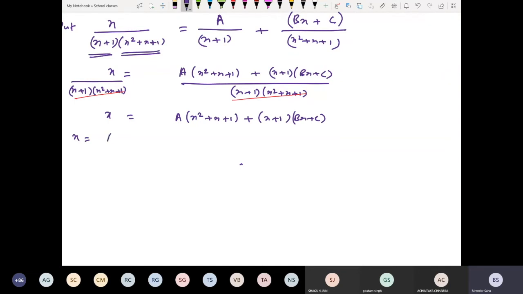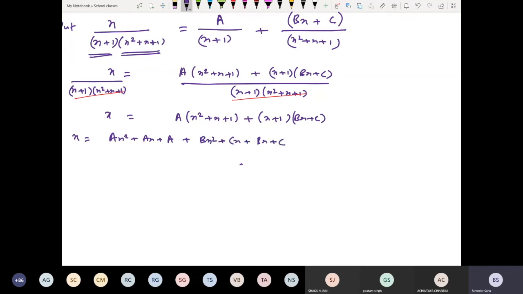Just multiply. This is ax square, and x into bx is bx square. So this is ax square plus ax plus a plus bx square plus cx plus bx plus c.